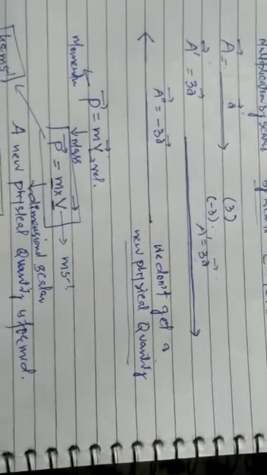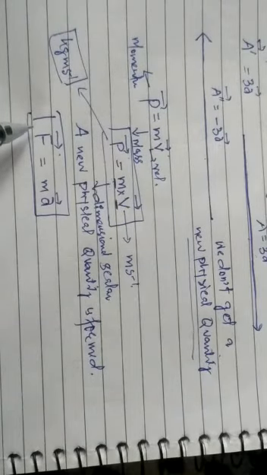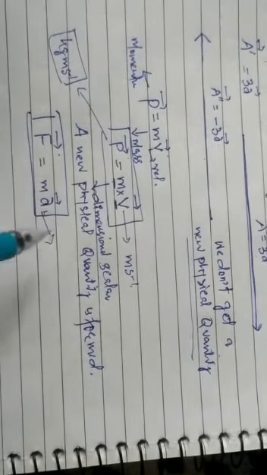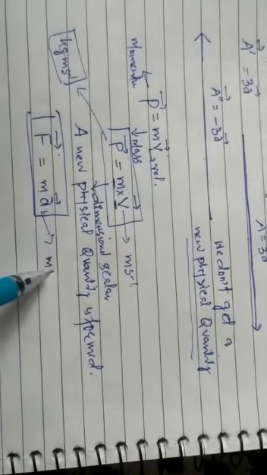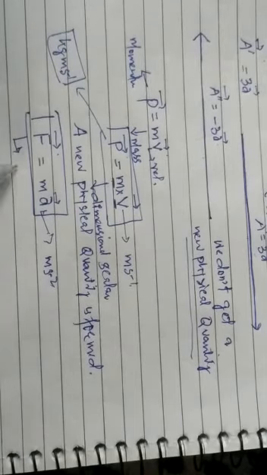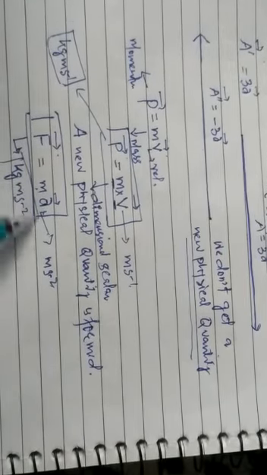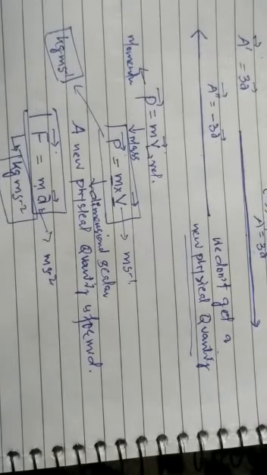On the other hand, this is totally a new physical quantity. Force is a new physical quantity. Acceleration is totally different. The units of acceleration are meter per second square, but the units of force are kg meter per second square, because there is mass also. Force is a totally different quantity as compared to acceleration.